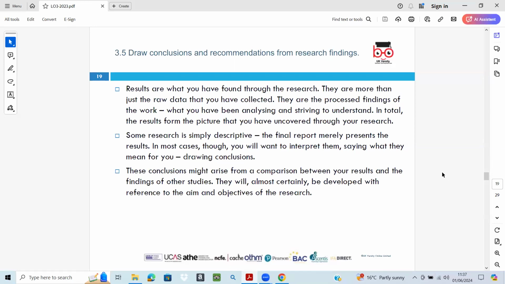We can make some recommendations. So we can say that recommendations stem from the conclusions drawn from the research findings. They provide actionable suggestions for future application or improvements in the studied area.